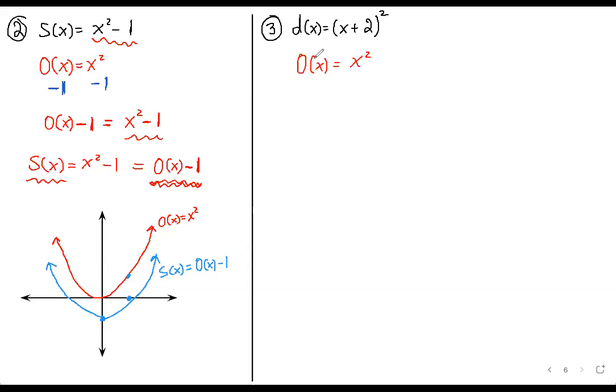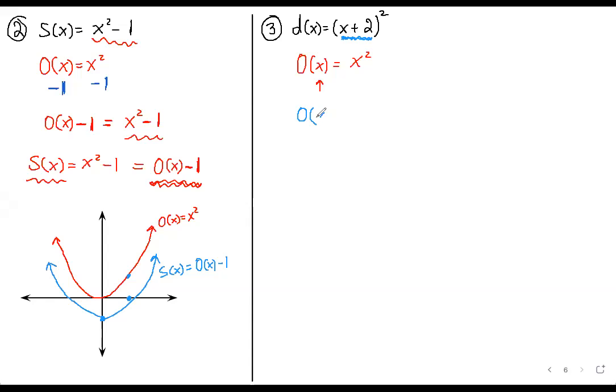This means I have to plug something inside this function to make it similar to the d of x. What do I have to plug inside the parentheses here? I have to plug in x plus 2.